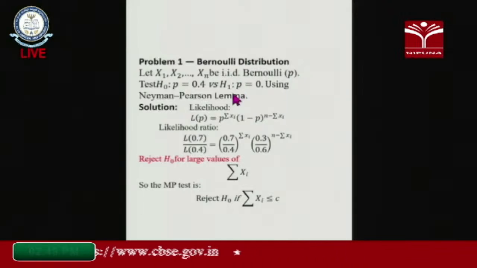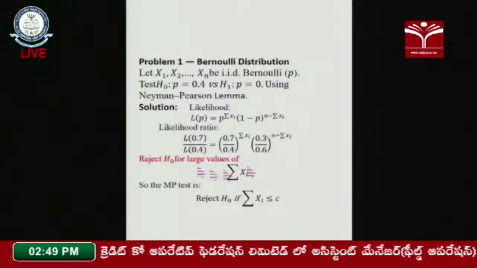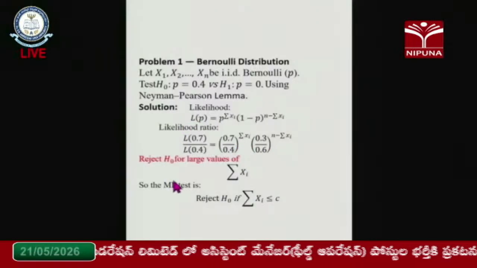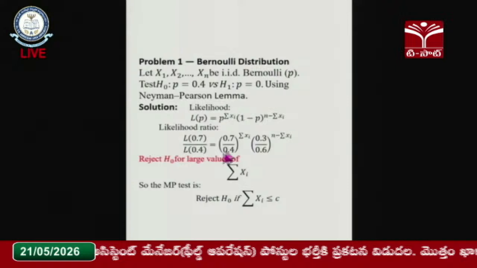Given these parameter values, according to the Neyman Pearson lemma we define the likelihood function. We know the probability mass function of Bernoulli is p to the power x into (1 minus p) whole power 1 minus x, for x equal to 0, 1, the two possibilities. We apply the likelihood functions L 0.7 and L 0.4, and divide throughout. Now we reject H0 for large values of sigma xi.